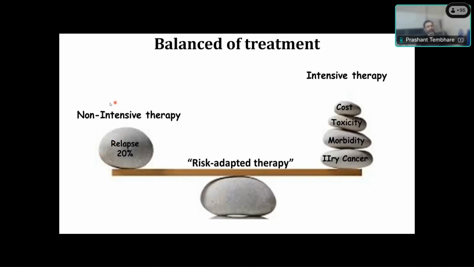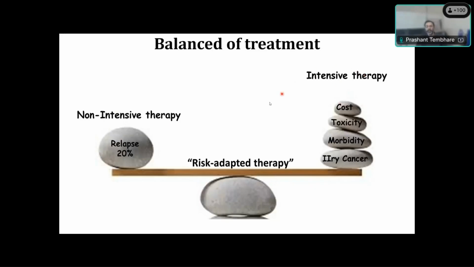So we can avoid the cost, toxicity, and morbidity associated with intensive treatment. But at the same time, give the intensive treatment to the high risk disease, because if we do not treat them intensively, then this patient will relapse and progress and cause death or increase the morbidity. In those patients you need to give the intensive treatment.